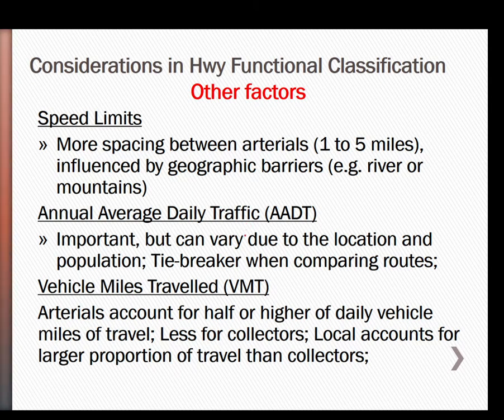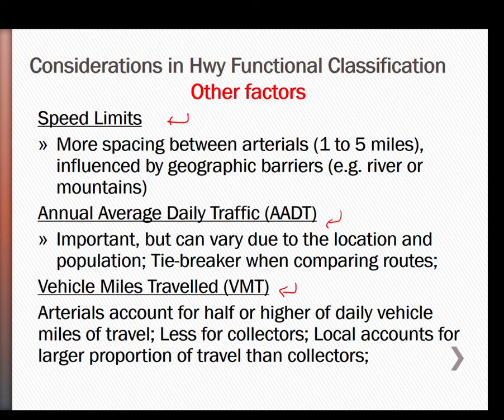When we consider what kind of functional classification, we consider speed limits, we consider the AADT, we consider the vehicle miles traveled, or the VMT. AASHTO gives us these numbers and tells us how to classify. And also the spacing between the arterials.